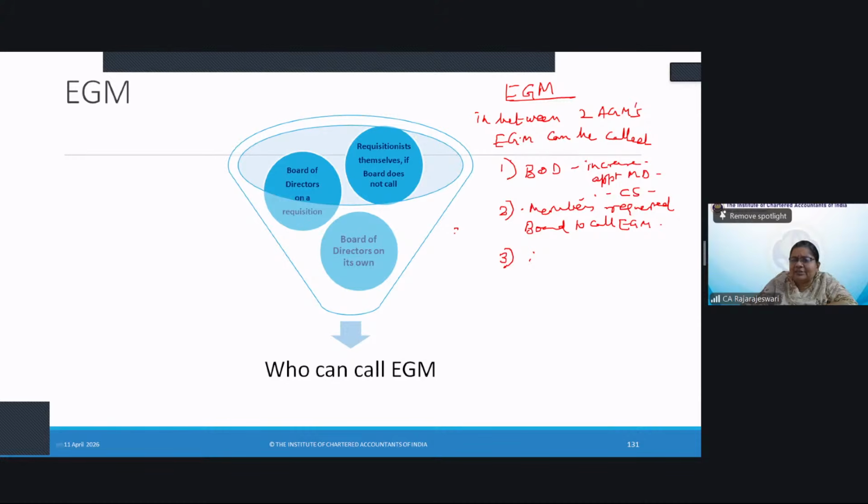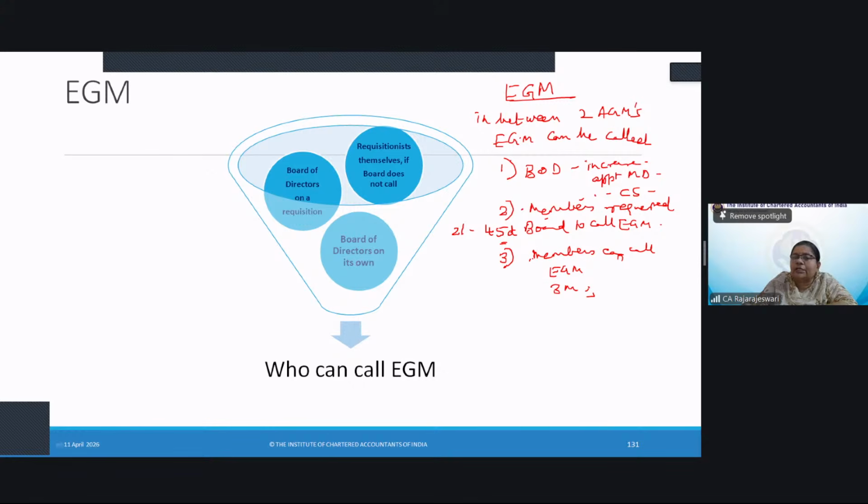The rule says within 21 days it should take steps to call an EGM within 45 days from the date of receipt of the requisition. Suppose the board has not taken any steps, then the members themselves can call an EGM within 3 months. So members have got power to call an EGM within 3 months.